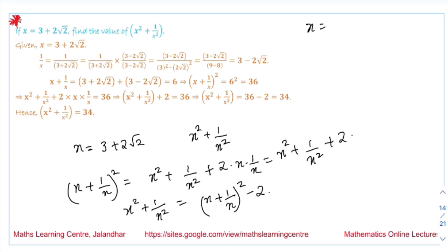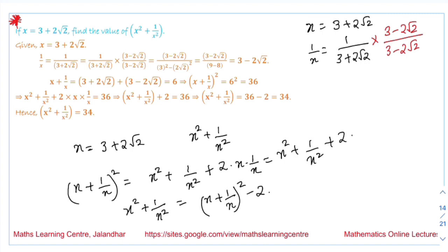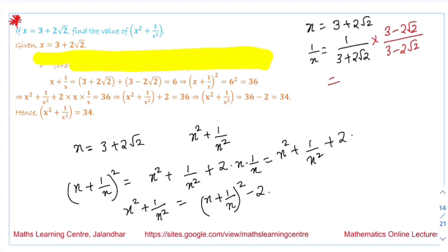So x is given to us, it is 3 plus 2 root 2. We want to find 1 by x, it is 1 by 3 plus 2 root 2. You simplify this expression by rationalization; its rationalizing factor is 3 minus 2 root 2. When you solve this expression, the answer you get is 3 minus 2 root 2.